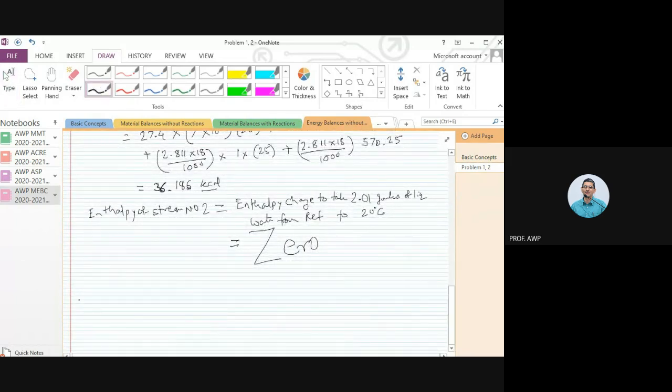Now enthalpy of stream number 3. What is enthalpy of stream number 3? 0. Enthalpy of stream number 3 is 0. What is there in stream number 3?